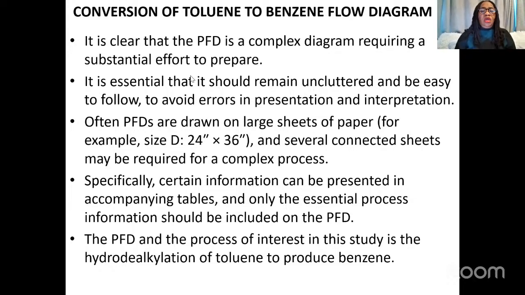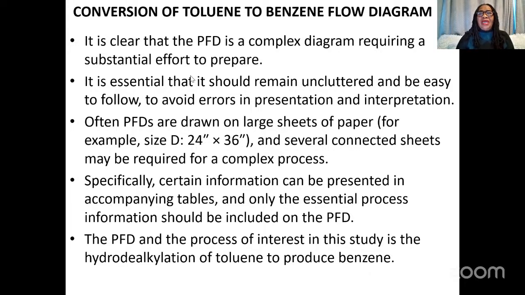So often PFDs are drawn on a large sheet or on large sheets of paper. An example is a sheet of paper of size D, 24 by 36 inches. And several connected sheets may be required for a complex process.